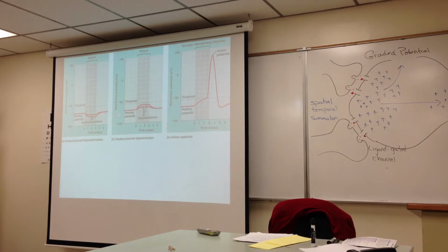So here, obviously, a hyperpolarization is not going to reach threshold. Okay. This graded potential is subthreshold. Finally, this graded potential is threshold. Okay. So a threshold potential just means it is a potential or a current which reaches the minimum required to open our voltage-gated channels.